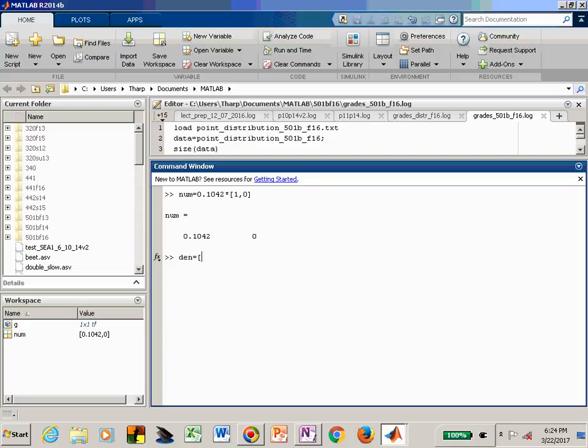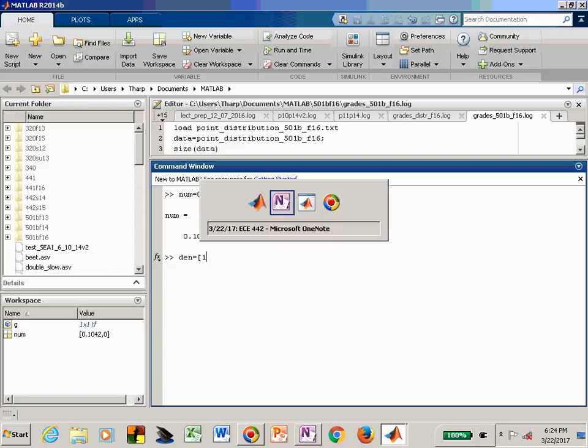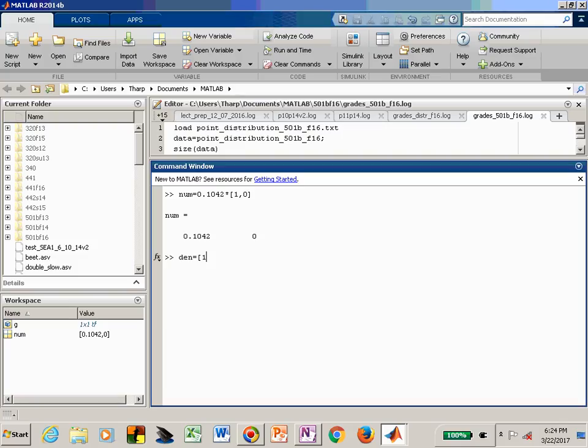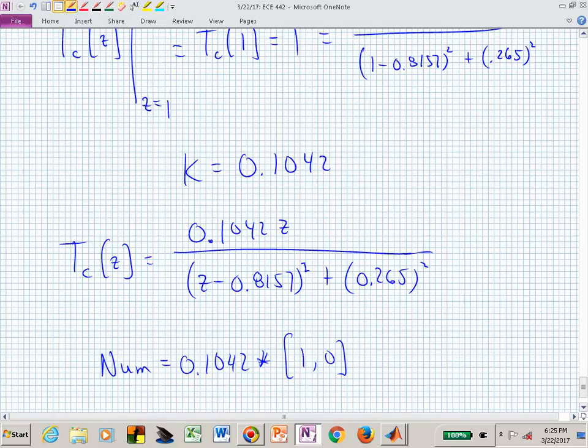Well, my denominator was second order. It was z squared minus 2 times 0.8157. And then what was the constant? The constant's going to be 0.8157 squared plus 0.265 squared.